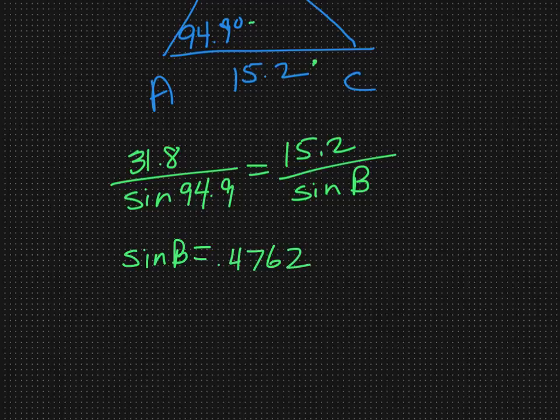which tells me that there is at least one triangle. Because remember, if there was no triangle, we would get a number here that is either smaller than -1 or bigger than +1. We would get an impossibility. And so if you take sine inverse of 0.4762, you get 28.4.